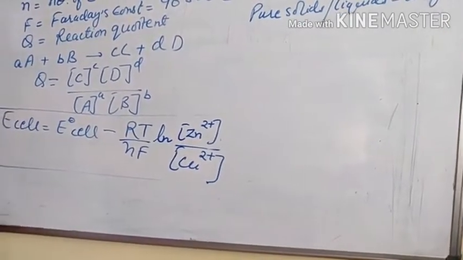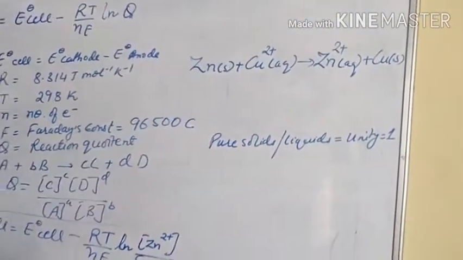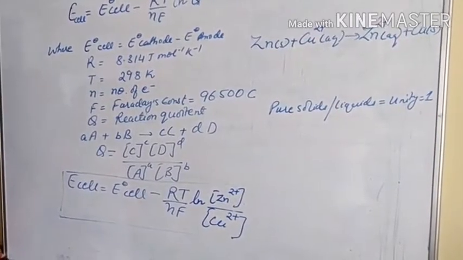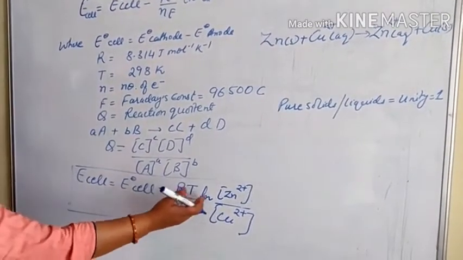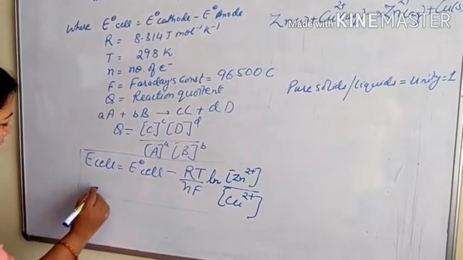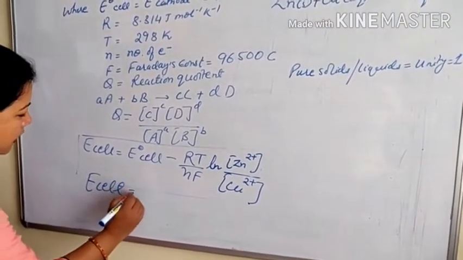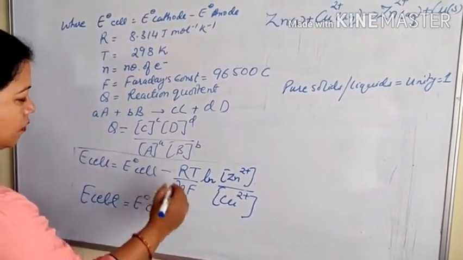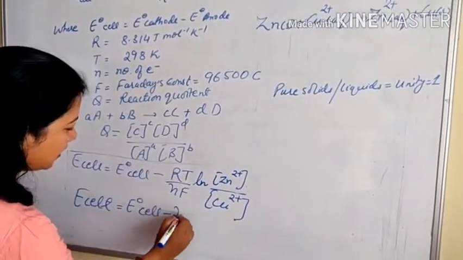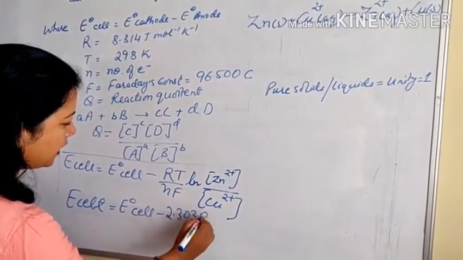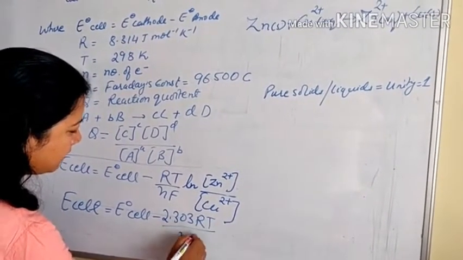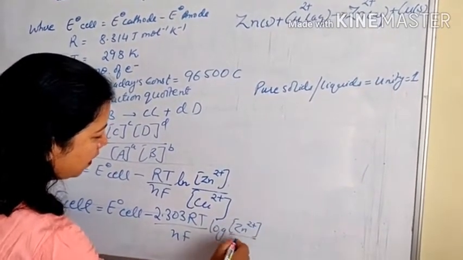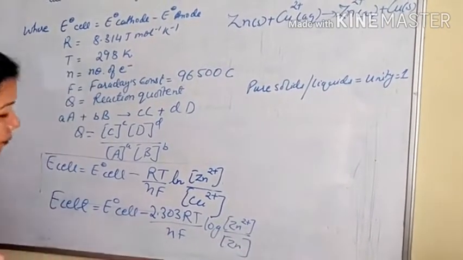This equation represents the Nernst equation for a galvanic cell. Now changing natural log into log, we get E cell is equal to E naught cell minus a constant 2.303 RT by NF log of Zn2 positive upon Cu2 positive.